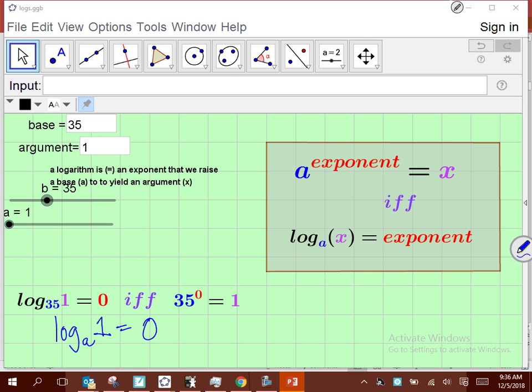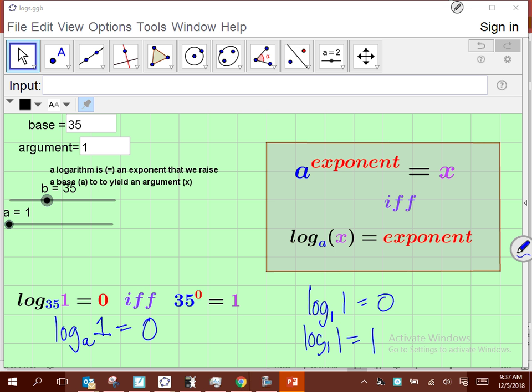Now, let's think about this. Why can A not be 1? Log base 1 of 1 equals 0, right? Would you agree with that? Doesn't log base 1 of 1 also equal 1? Don't we have a contradiction there? We have two things that evaluate to the same number.